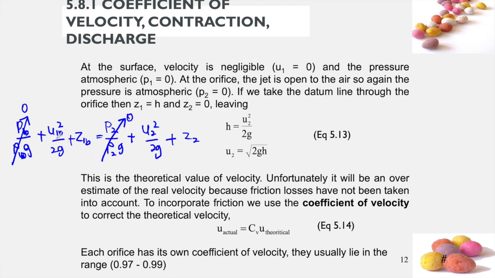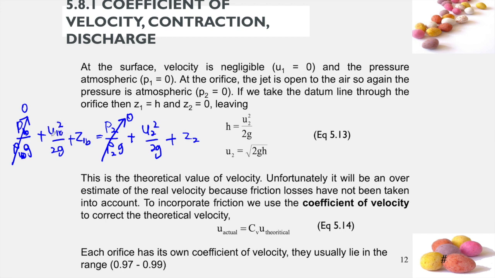Then we take a look at velocity 1B and velocity 2. Previously I told you that we have velocity at 2, but we do not have velocity at 1B.